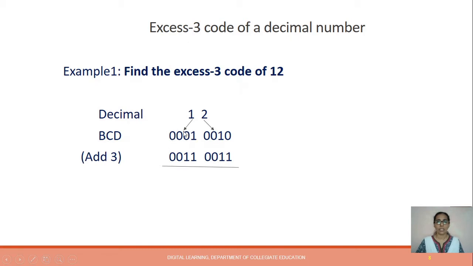For this one we have to add 3, and for this 4-bit group also we need to add 3. So by adding 3 we get the result. 1 plus 1 is 0 with a carry 1, 0 with a carry 1, 1, 0. So the XS3 code is 0100 0101.